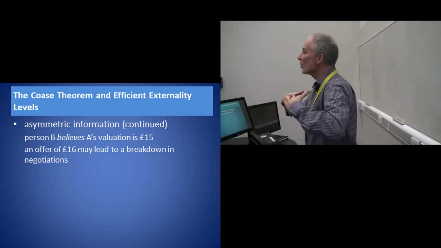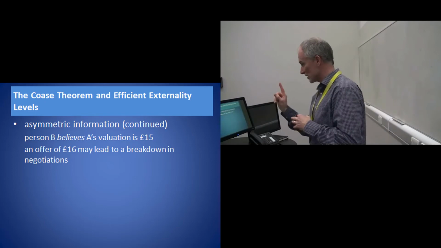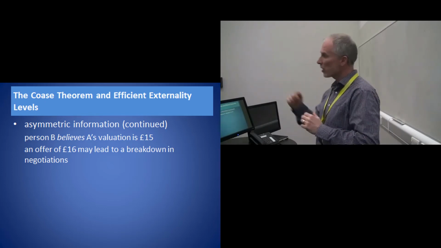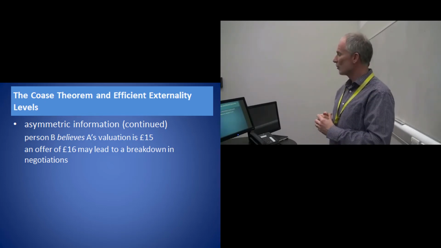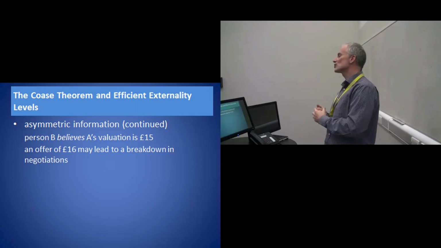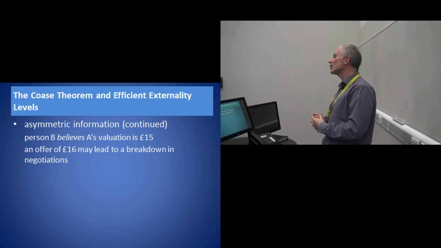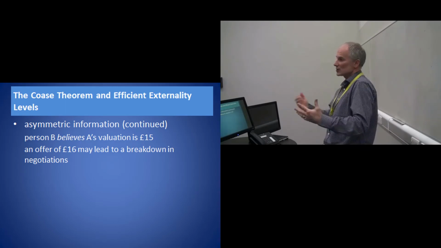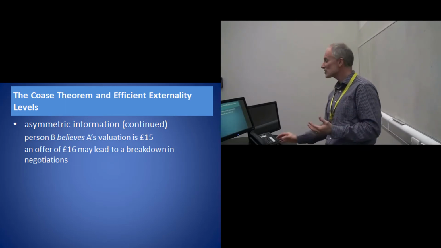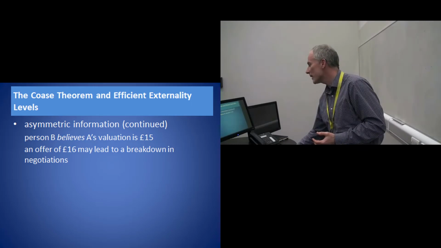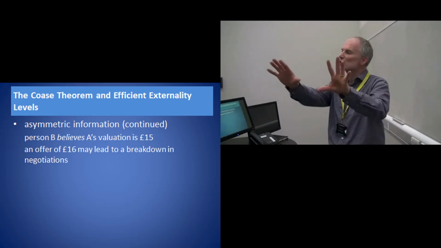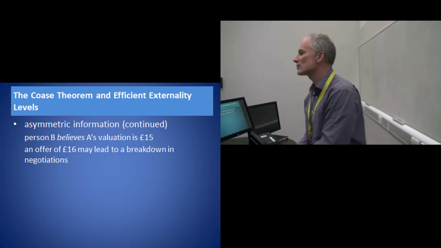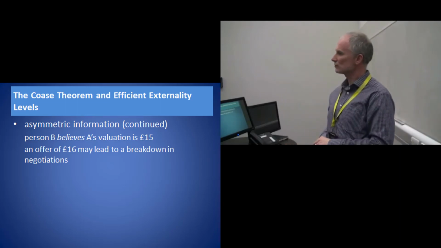Person A knows it exactly, but person B doesn't. So, person B needs to have an estimate, a valuation of what he thinks his roommate places on smoking. And his estimate is £15. So he says the monetary value that my roommate gets from smoking is £15.